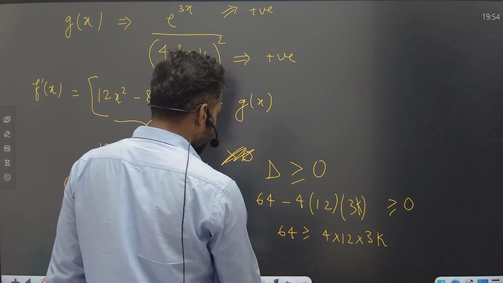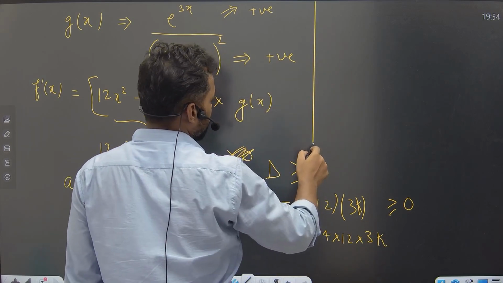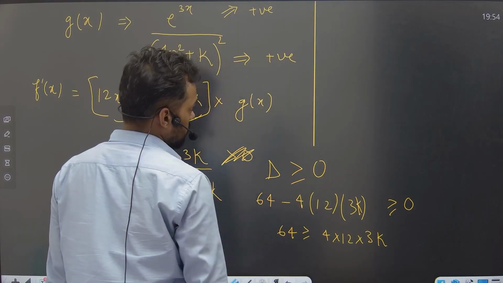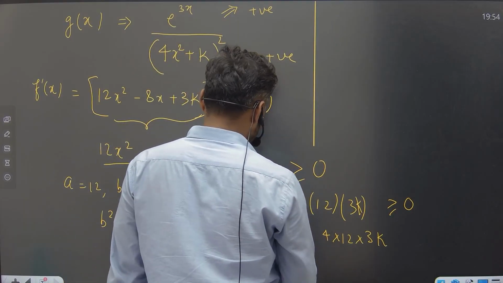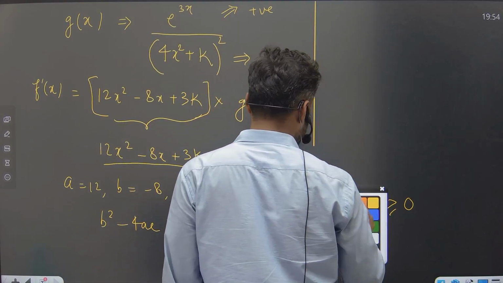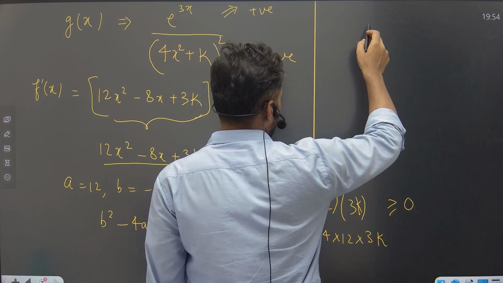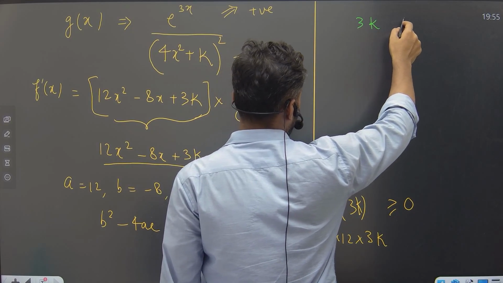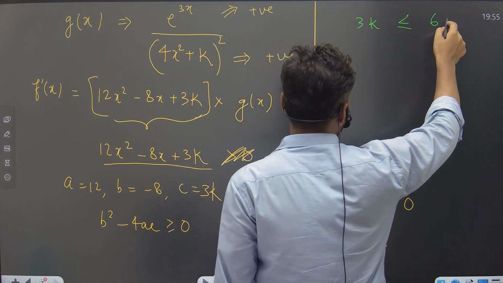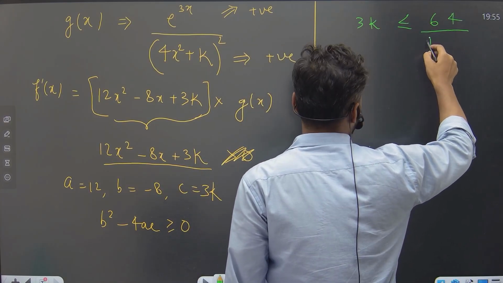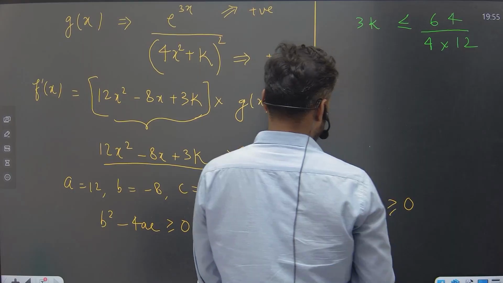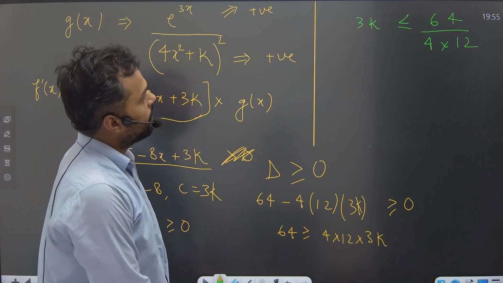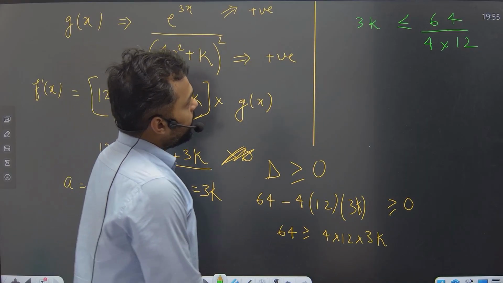If we solve it here, students, 3k will be less than or equal to 64 upon 4 times 12.